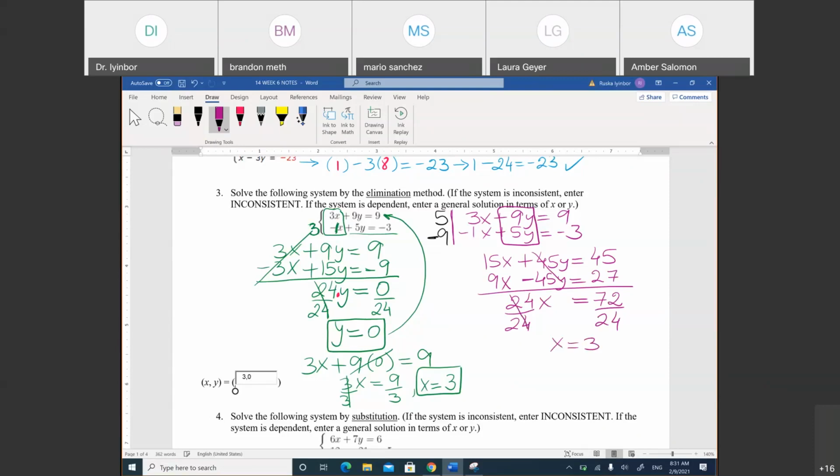Okay? Everybody see that? Any questions? So you're still going to get the same. If you eliminate x, you're going to find y. If you eliminate y, you're going to get x. Okay? So you can multiply both the equations by something, or you can multiply only one of them by something.